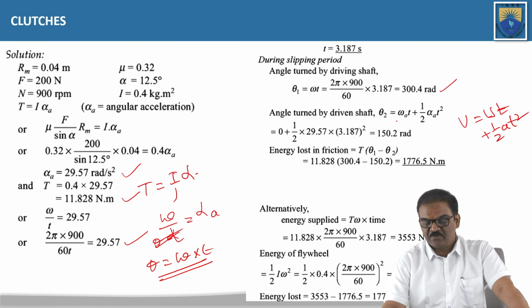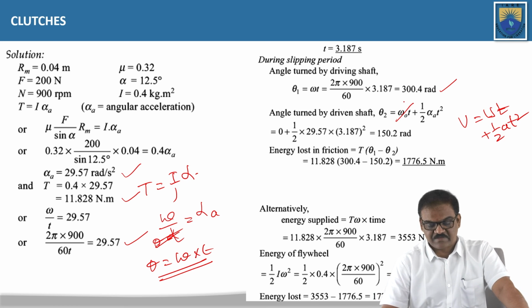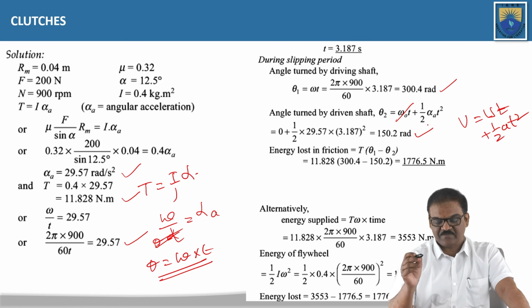Theta 2 is equal to omega naught into t plus half alpha into t square. The initial value is 0, initial time is 0, which we can consider. From this, the angle turned by the driven shaft is 150.2 radians.